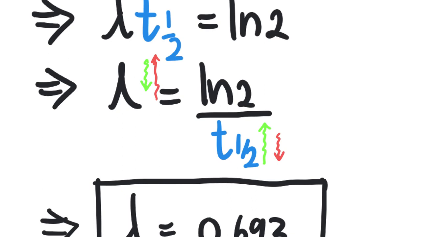And so here we can see that the quantitative model of the relationship between the decay constant and the half-life fits in beautifully with the qualitative model that we discussed before we proved this.